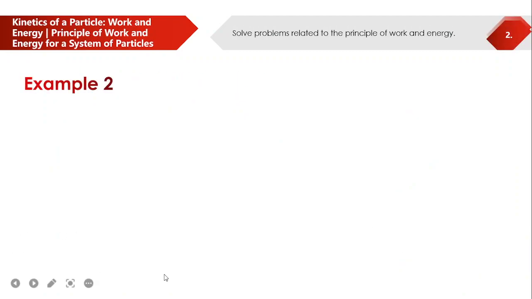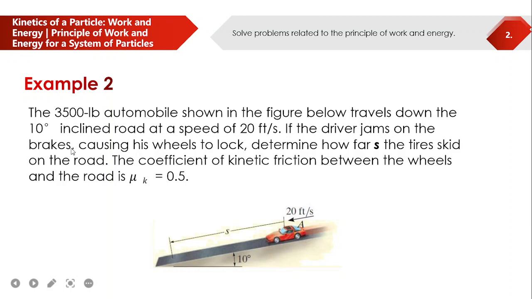No? Speaking of example, let's have an example. Okay, so the 3,500 pounds automobile shown in the figure below travels down the 10-degree inclined road at speed of 20 feet per second. If the driver jams on the brakes, causing his wheels to lock, determine how far the tires skid on the road.